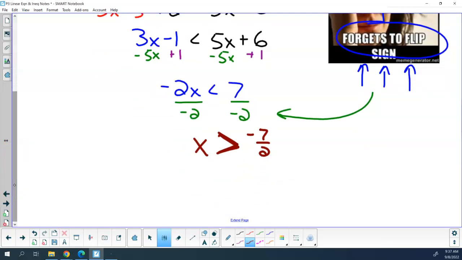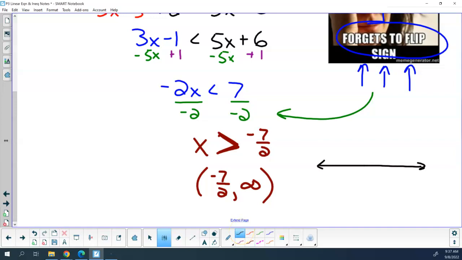We could also write this as an interval. We can also write this as a graph. Okay?